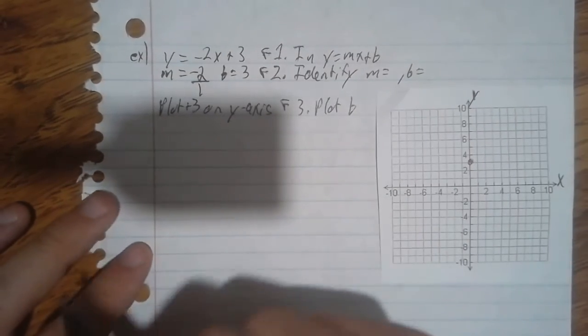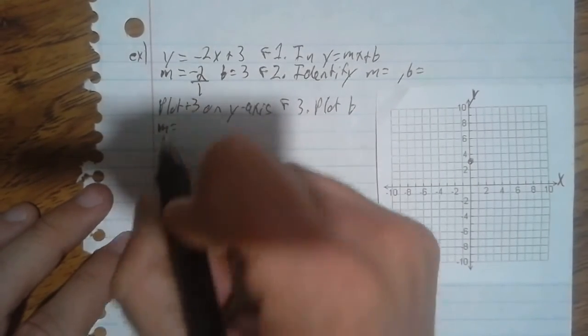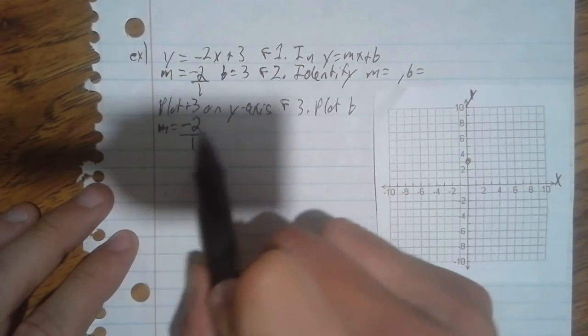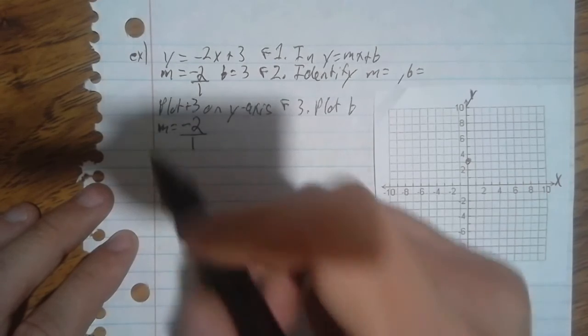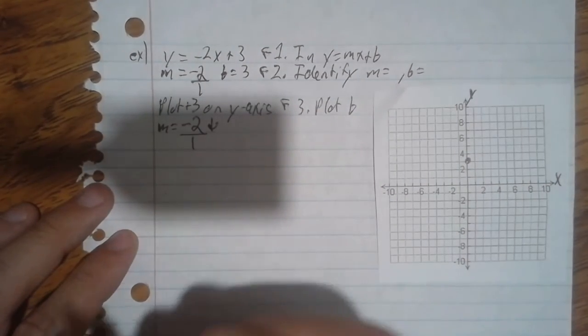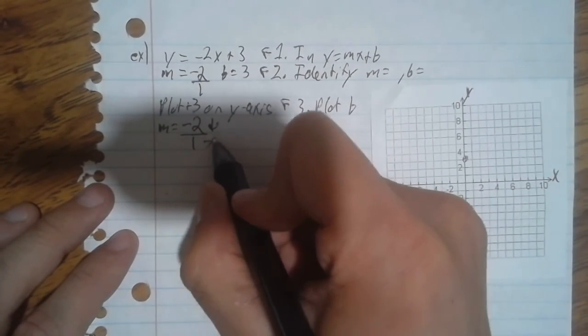And then we get to use our m, our slope. So m equals -2 divided by 1. Our rise, a negative, means we're going to go down. And a positive down here on the bottom means we're going to go to the right.